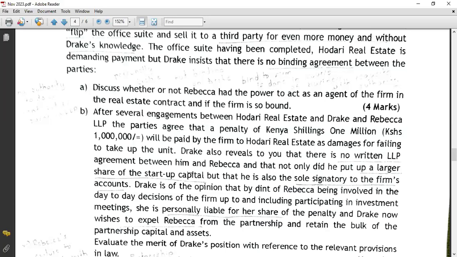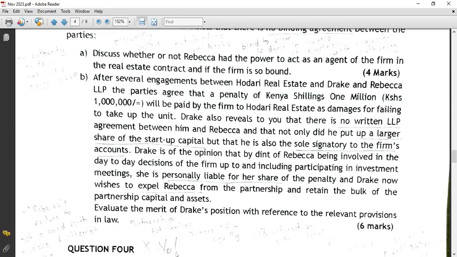So if you look at all these things that they are talking about here, where does the controversy start? Put a larger share capital and there is the sole signatory of the firm's account. DEC is the opinion that there is no controversy even being a signatory. DEC is the opinion that the deed of Rebecca being involved in day-to-day decision of the firm, up to including participating in, she's personally liable for her share of the penalty, and now Drake wishes to expel.